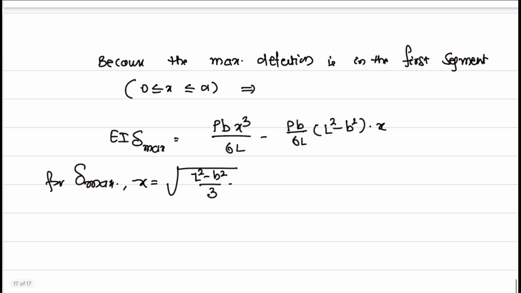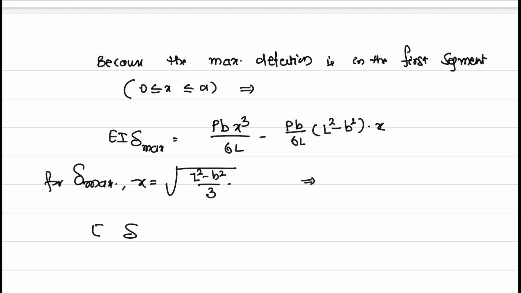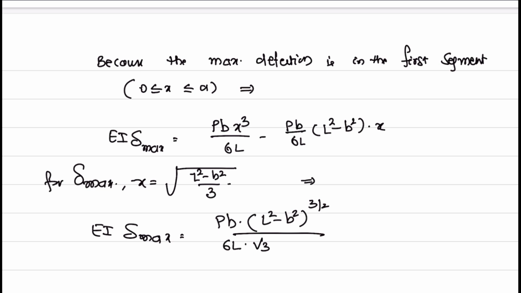Put this value in the above equation. EI delta max is equal to PB into (L square minus B square) to the power of 3 by 2 divided by root 3, by 6L into root 3. 3 to the power of 3 by 2 is nothing but 3 into root 3, minus PB by 6L into (L square minus B square).